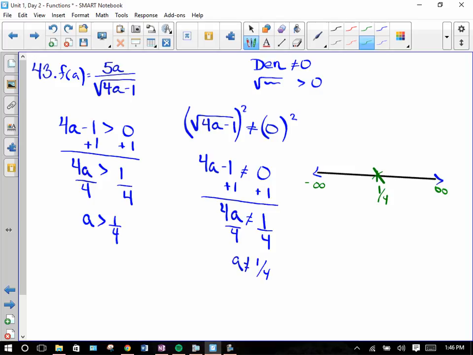It can be any number greater than 1/4. However, we have another part that tells us A has to be greater than 1/4. So even though this means it could be like -4 or -5 or something down here, this tells us that it has to be bigger than 1/4. That means our number line is only the numbers that are bigger than 1/4. So our domain is equal to parentheses, 1/4, comma, infinity.